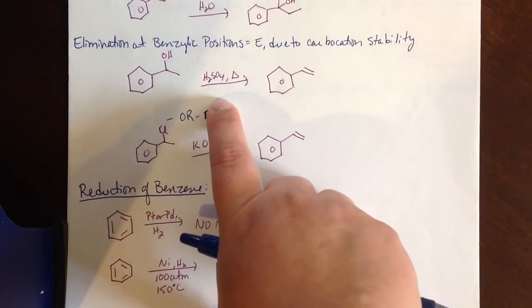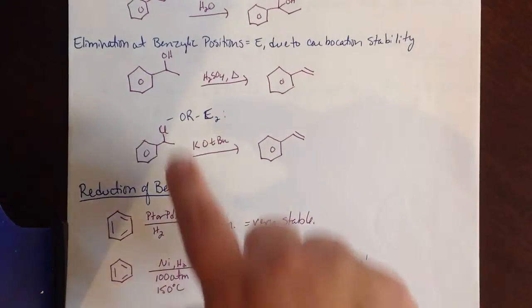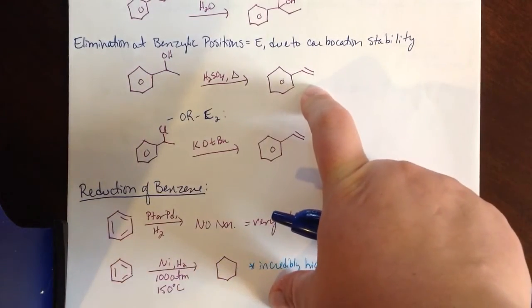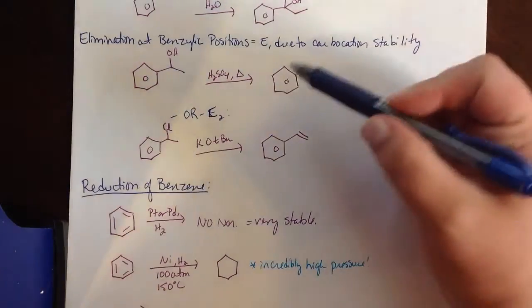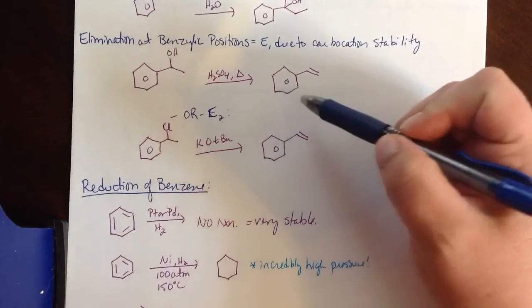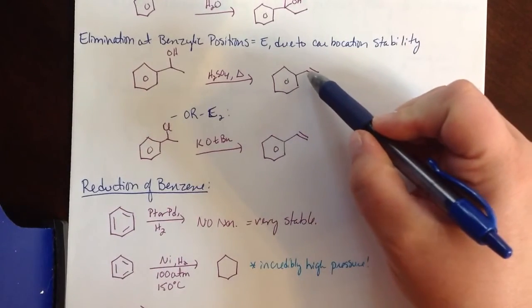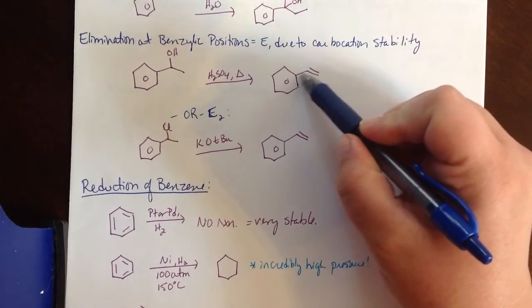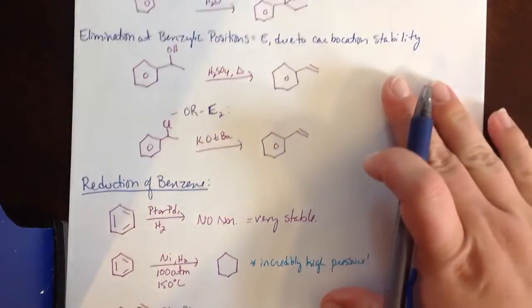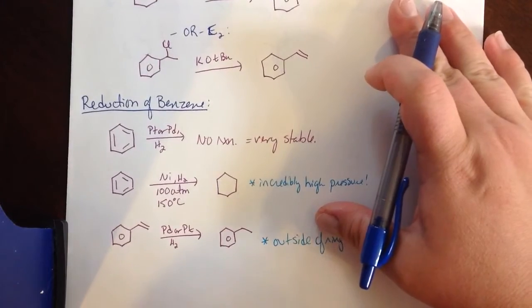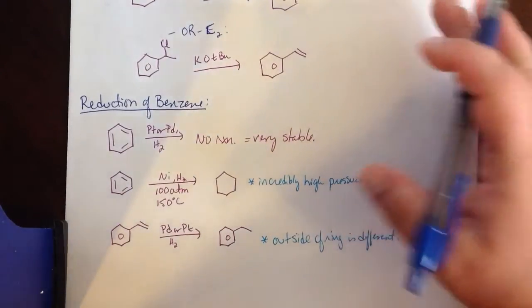It also means that E1 can occur, and you can end up getting a double bond right there, or E2 can occur, and you can get it right there. Now be careful. Just because I draw this circle on the inside, remember that there's a double bond here. I've seen people before try to draw a double bond right this way. That would be 5 bonds to carbon. Will not work. Okay.